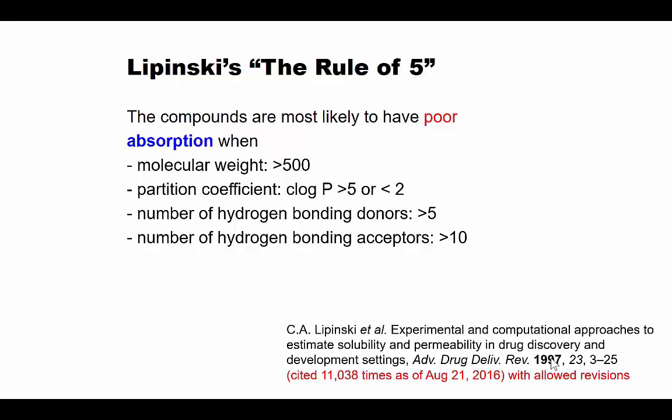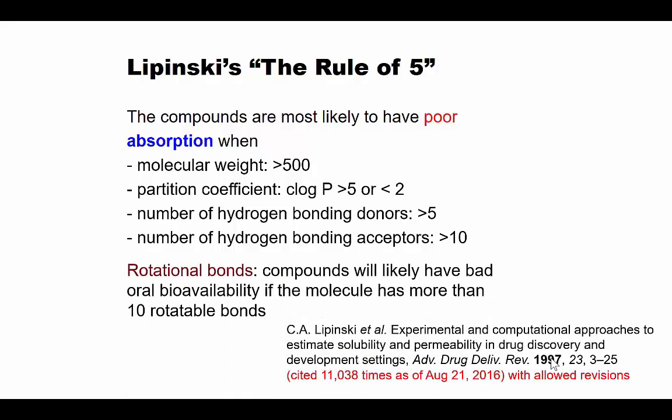It seems the original paper has been updated in multiple versions. In addition to the original rule of 5, there is another rule added to complement those absorption properties: if the rotatable bond number is above 10, the molecule also has poor absorption.